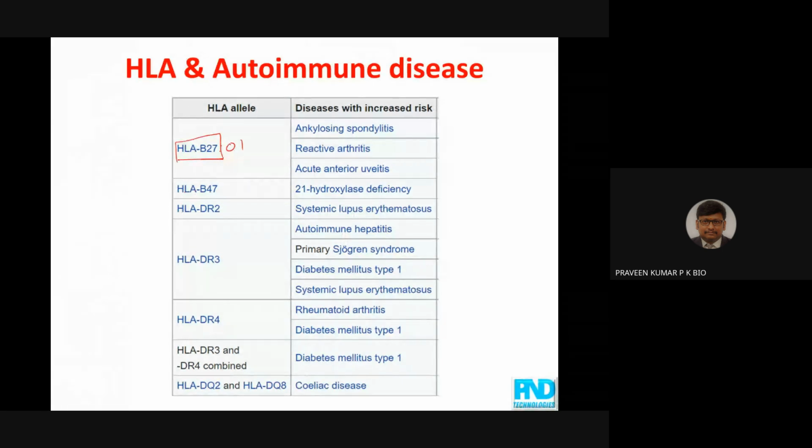Similarly, HLA-B47 allele persons are more prone to autoimmune diseases. And similarly HLA-DR2, DR3, DR4. You can find that even diabetes mellitus happens because of these genes. Not only that, common diseases like rheumatoid arthritis and diabetes occur because of these genes.